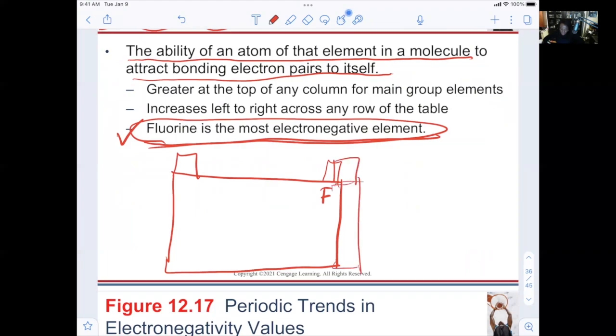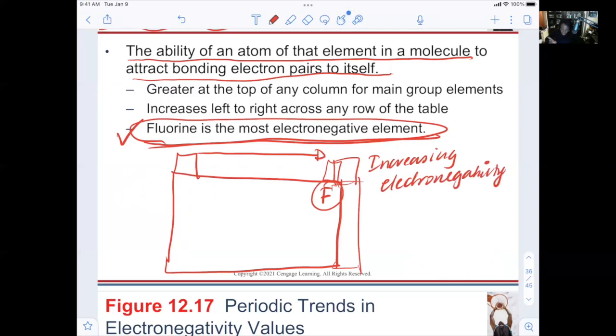This is noble gas right there. Fluorine is in the top right. What we see right here is, as you're going towards fluorine from left to right, you have increasing electronegativity.